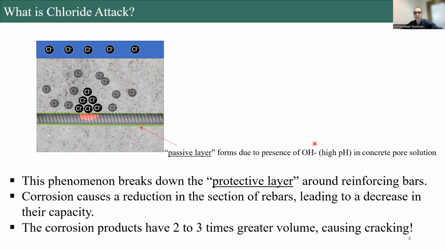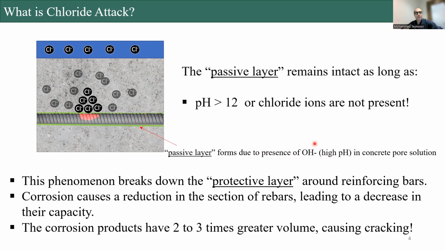We have a high pH before having any deterioration. And this passive layer or protective layer remains intact as long as the pH is very high and we don't have any chloride in the environment. That's a really ideal situation. Almost in all of the structures in the field, we have some scenarios that can reduce the pH of the concrete.